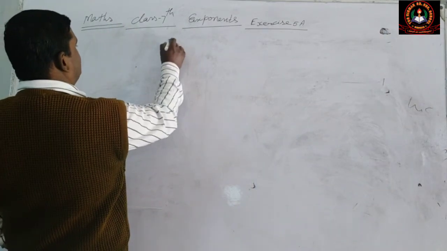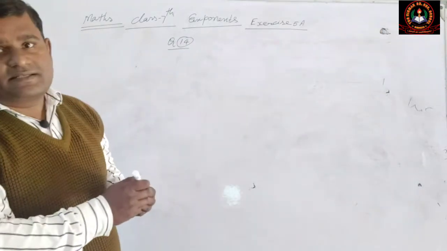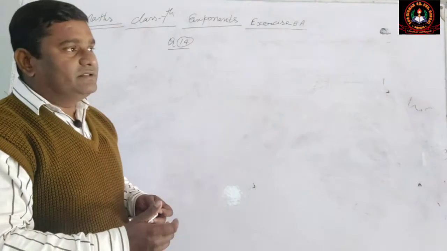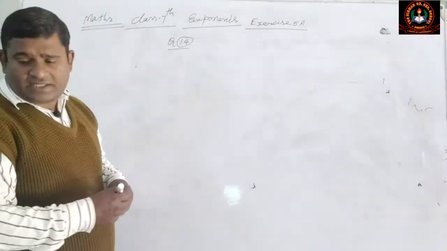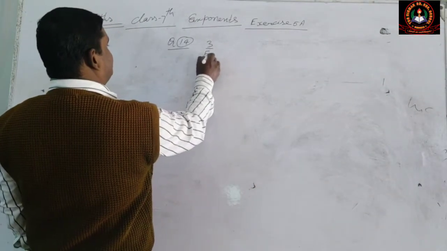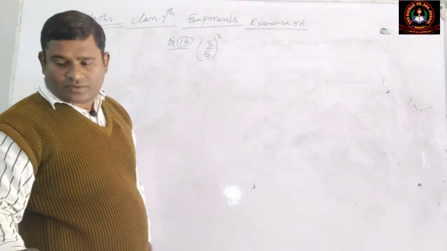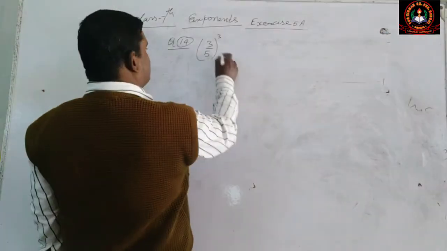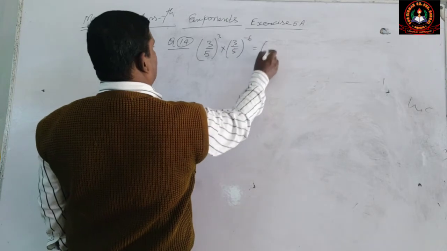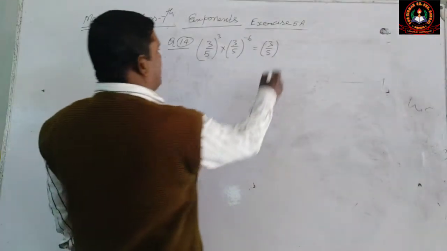Exercise 5a, question number 14, and the question is find the value of x, where x is an unknown. The question is (3/5) whole power 3 into (3/5) whole power minus 6 is equal to (3/5) whole power 2x minus 1.